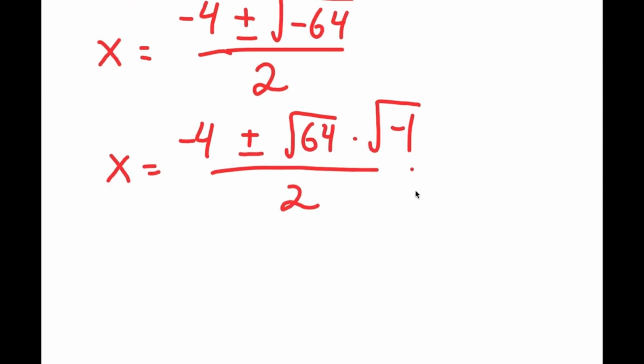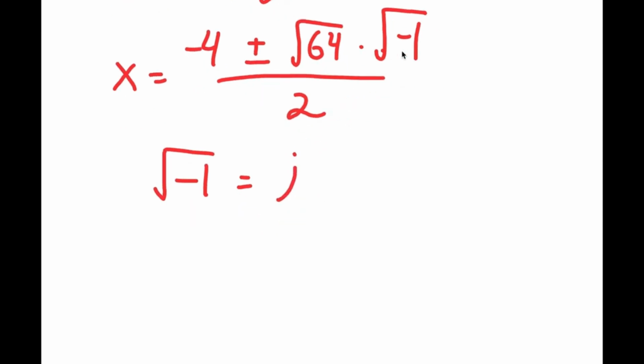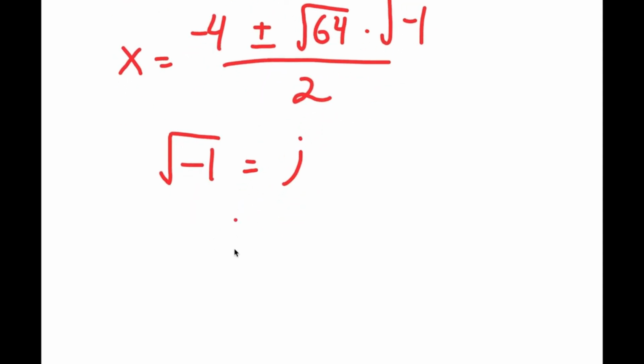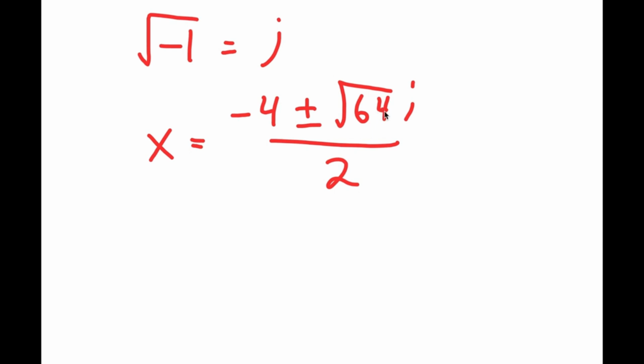And if you didn't already know, the square root of negative 1 is equal to the imaginary number i. So if I replace the square root of negative 1 with i, I get x is equal to negative 4 plus or minus the square root of 64 i over 2. And the square root of 64 is equal to 8.